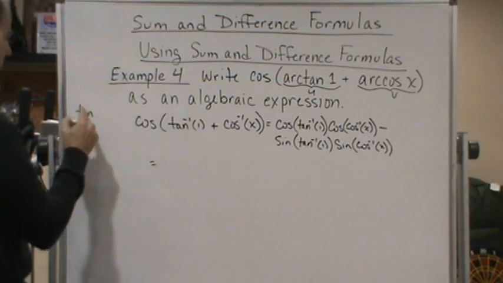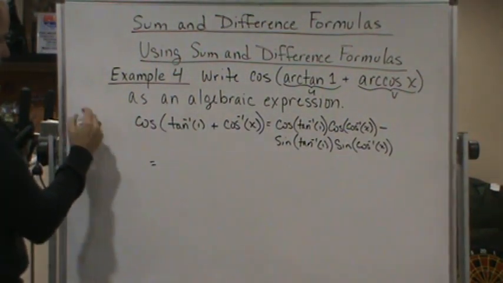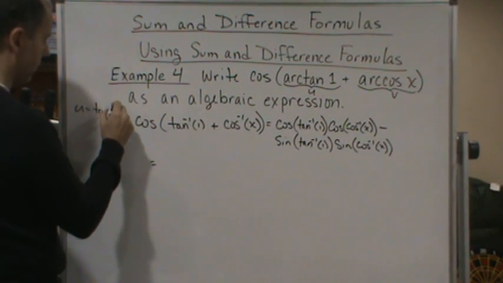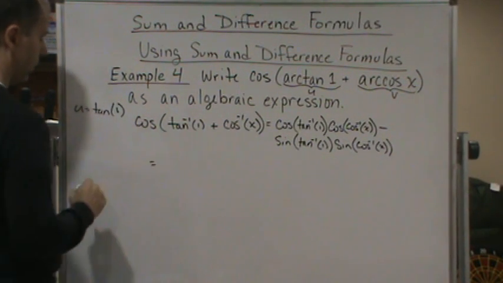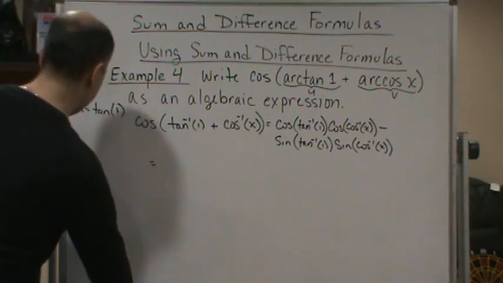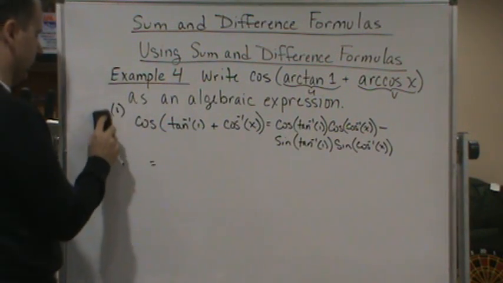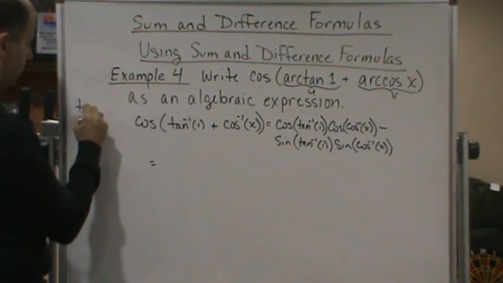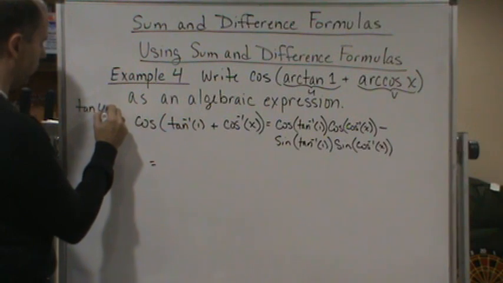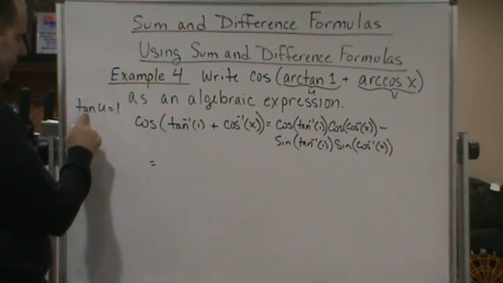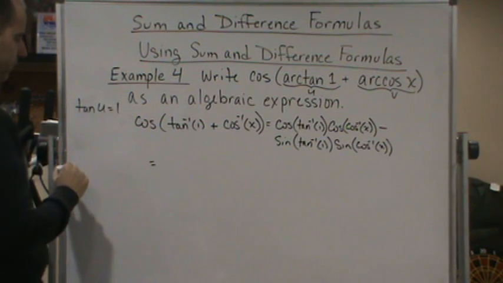So the tangent of u equals 1. So again, what angle, if I take the tangent of that angle, equals 1?